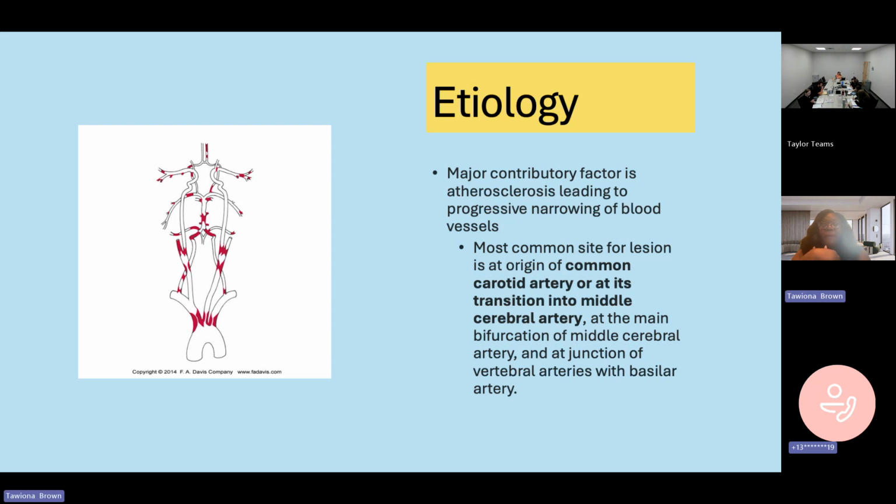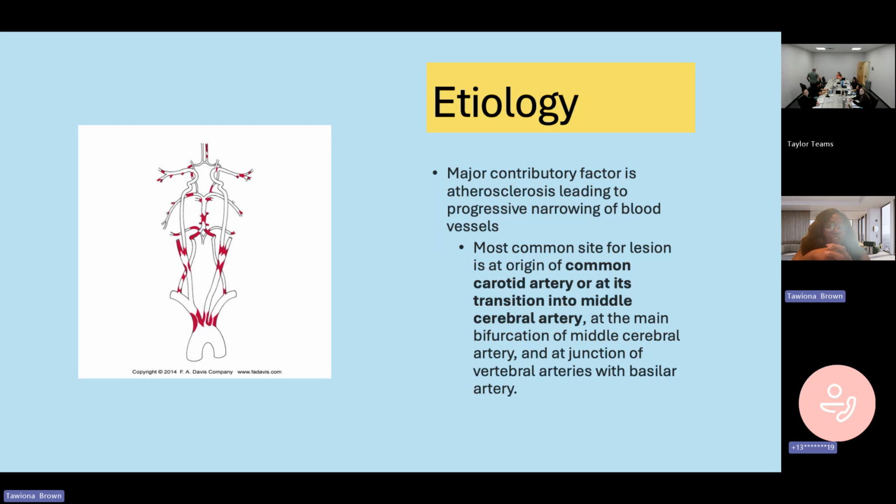So, in your module, there was a video that talked about brain circulation, the circulation and blood flow. What you have to consider with strokes is the circle of Willis and those major branches that come off of the common carotid artery and the vertebral basilar artery.